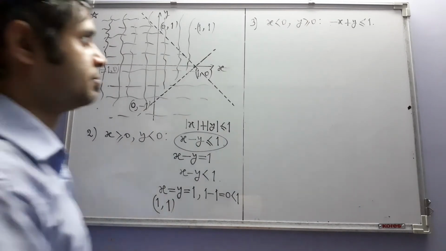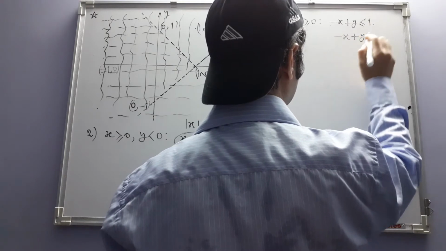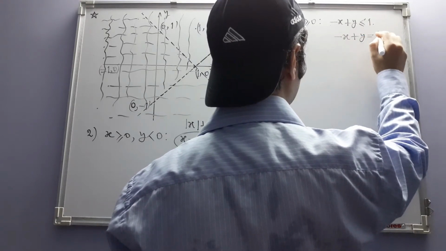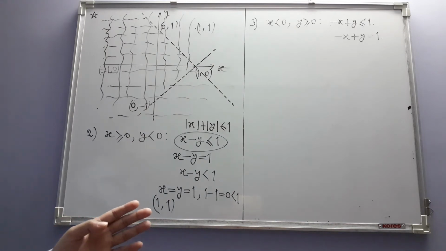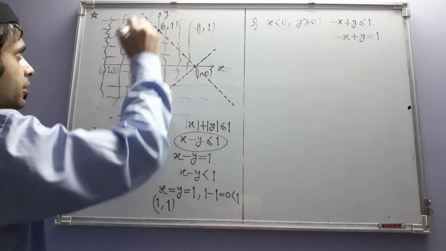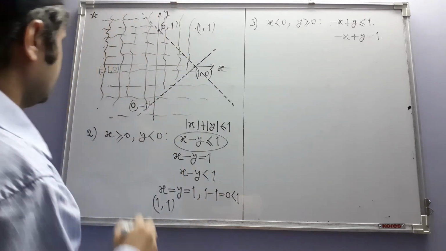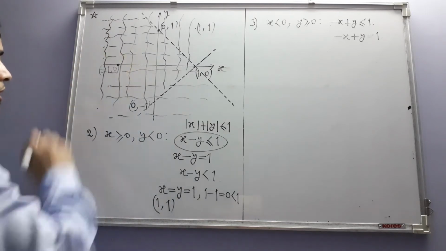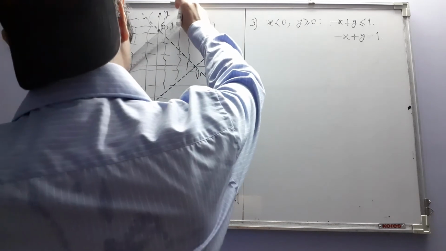So we consider this straight line. Now for this straight line, if you take x equal to 0, y is equal to 1. So that means this is a point on the straight line. And if you take y equal to 0, then x is minus 1. So that means this is another point on the straight line. So this straight line is this one.